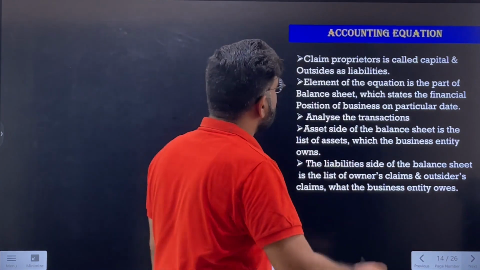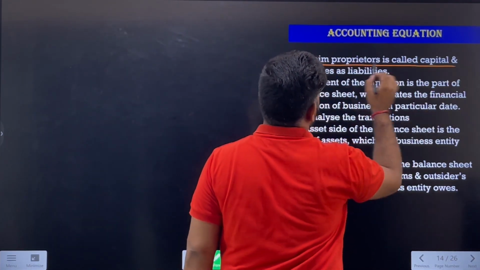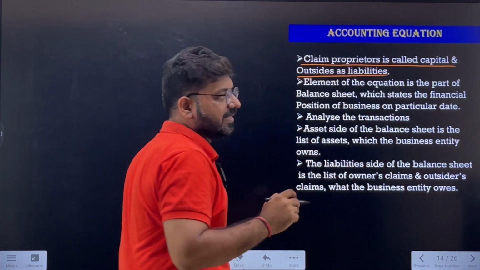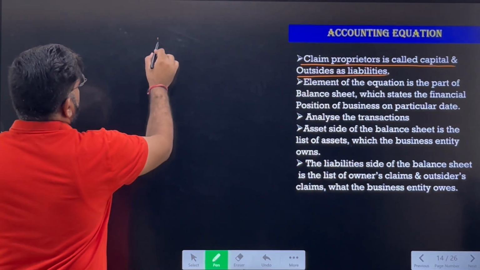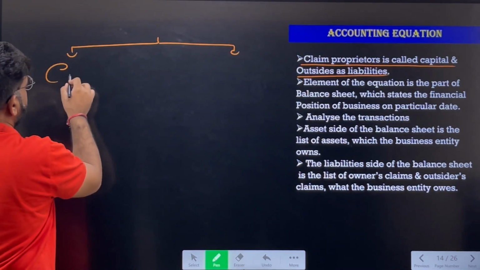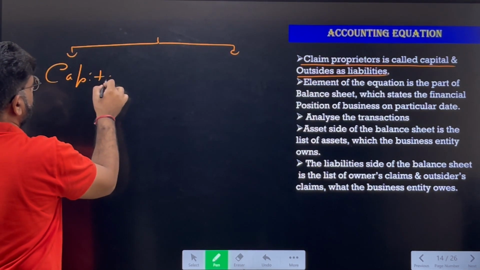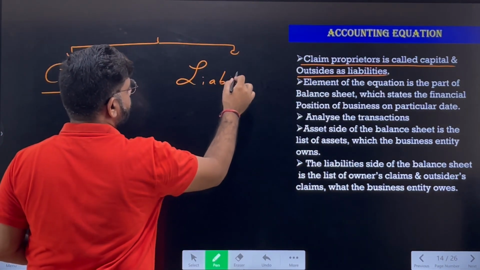Next, the accounting equation says claims of proprietors are called capital and claims of outsiders are liabilities. As we just saw, liabilities are of two types. First is the capital, and the second one is the liability itself.